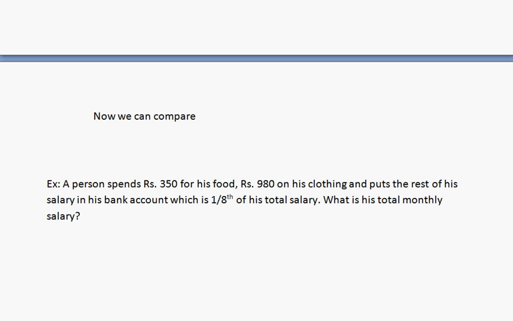So I hope most of you have done it correctly, right? Let's see how to do it. It says that he puts 1/8 of the total salary in his bank account, right? So let the total salary be x. He put 1/8 of it in bank account. So he put x by 8 in bank account, right? And remaining he spent on his food and clothing.